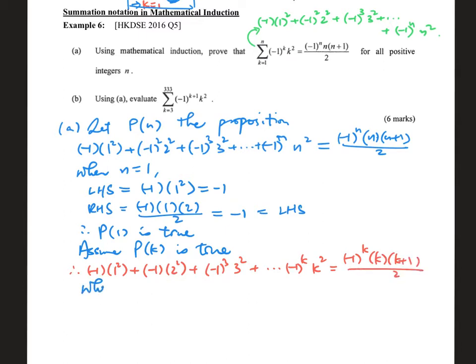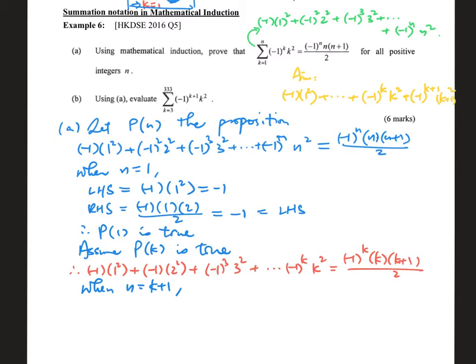And now we start looking at when n is k plus 1. Once again, it's better for you to write down the terms over there. So this time it should be minus 1, 1 square, add up to, originally the last term is minus 1 to the power k square, and now with one more term, minus 1 to the power k plus 1 square.